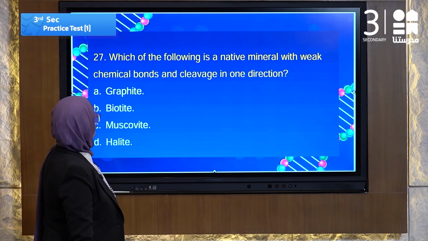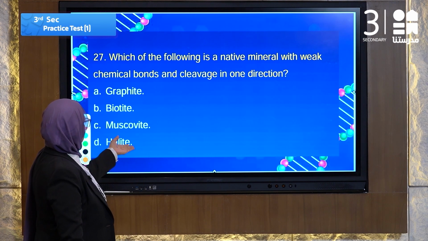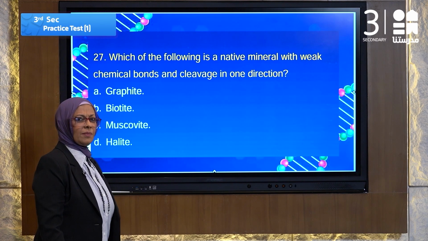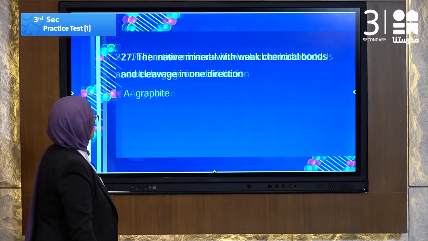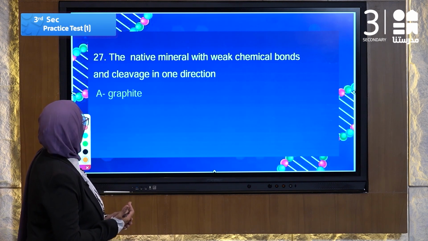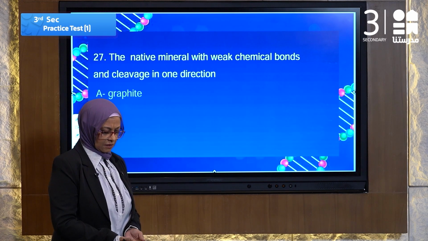What are the choices? The first one is graphite, biotite, muscovite, halite. Which of them? I don't know. Let's go. The native mineral with a weak chemical bond and cleavage in one direction is graphite.